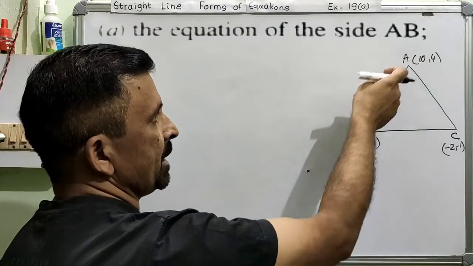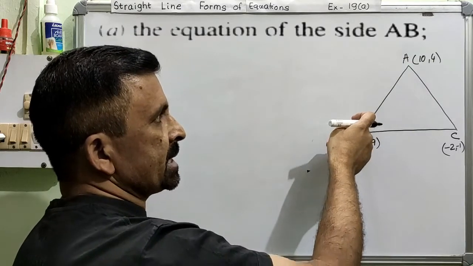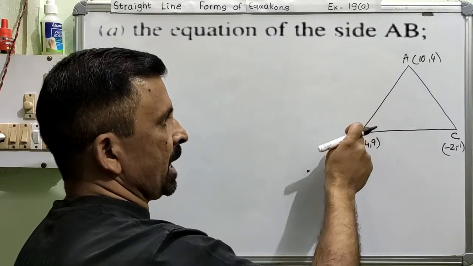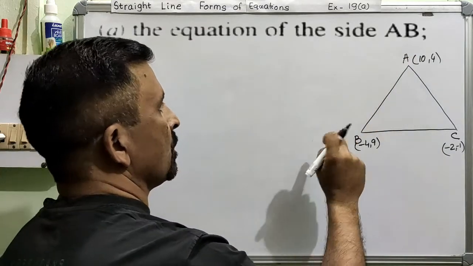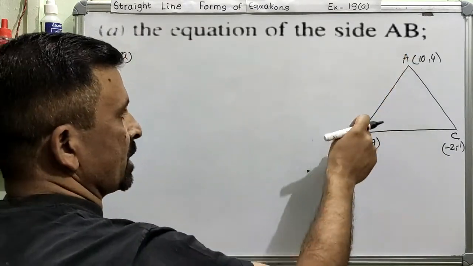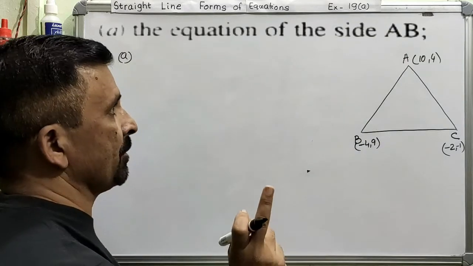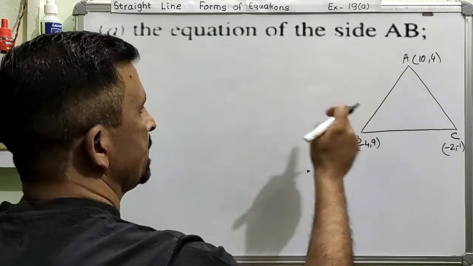It's very easy to write the equation of side AB because we have the coordinates of the two endpoints of side AB. So we can use the two-point formula and write down the equation of the line AB.